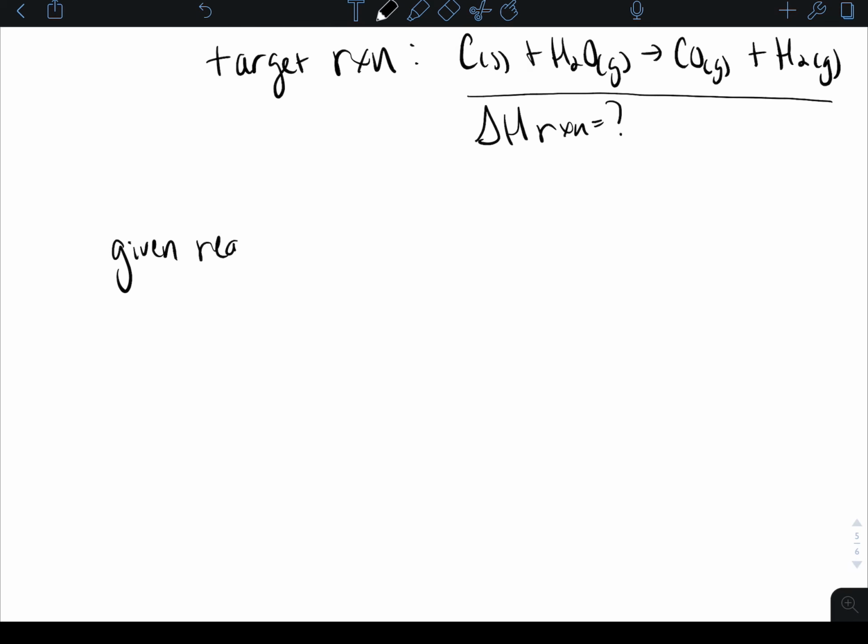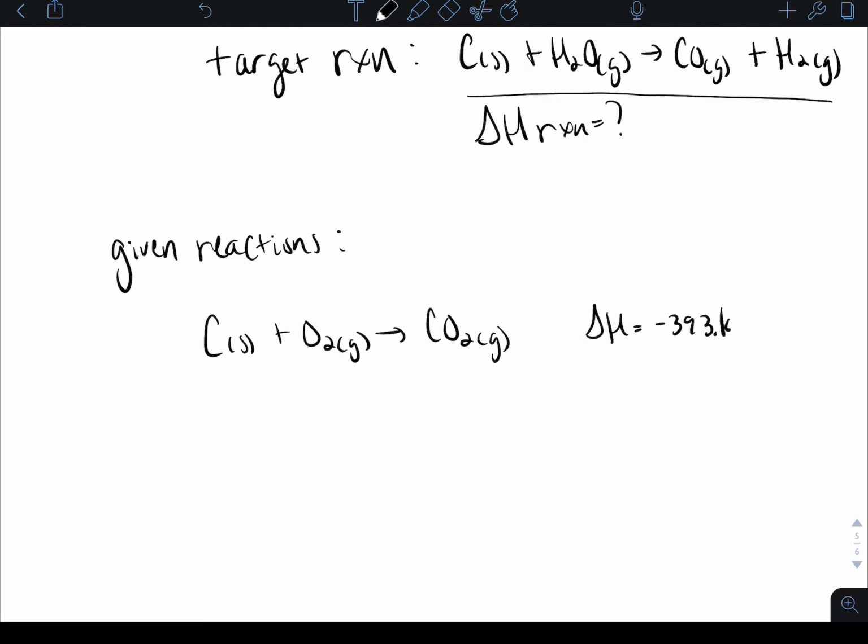So we have a set of given reactions, such as C solid plus O2 gas goes to CO2 gas, and that has a delta H of negative 393.5 kilojoules per reaction. And then we've got another one, 2 carbon monoxide gas plus oxygen gas goes to 2 carbon dioxide gas molecules.